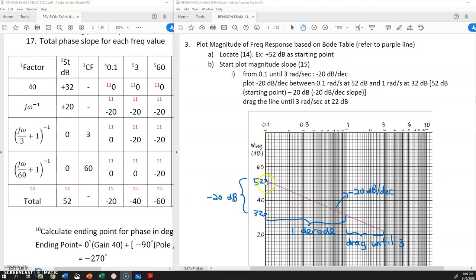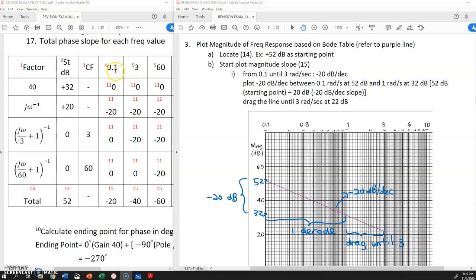At 0.1 radian per second, the y coordinate is 52. At 1 radian per second, the coordinate is 32 because 52 minus 20 dB, because we want this slope, negative 20 dB per decade. So you draw the line of negative 20 dB per decade, but this slope is until 3.